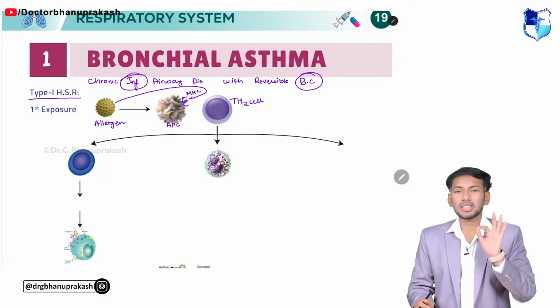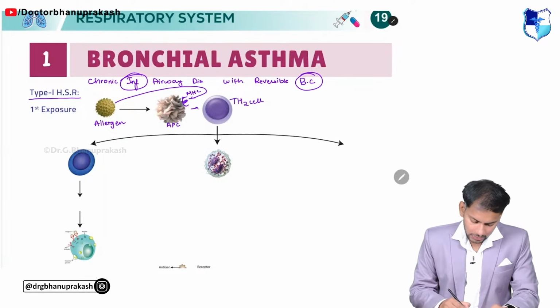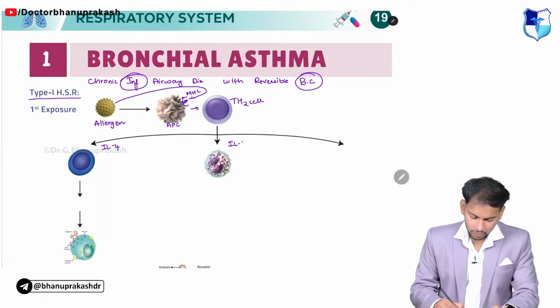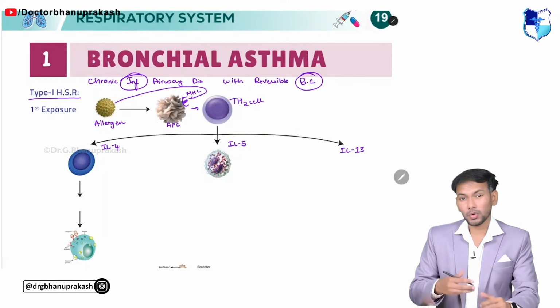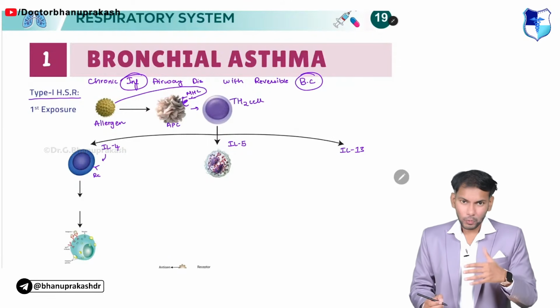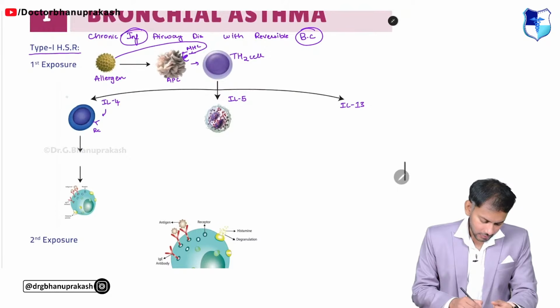Now, what will this T helper 2 cell do? This will release interleukin 4, interleukin 5 and interleukin 13. Interleukin 4 will bind to the interleukin 4 receptor. Yes, this interleukin 4 receptor is present on the B cells.